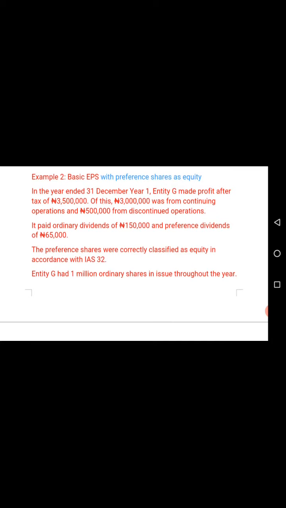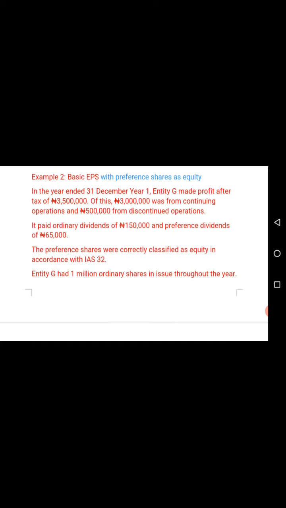After the profit after tax, you divide the profit between the preference shareholders and the ordinary shareholders. Since we are concerned with only ordinary shareholders, we have to deduct what preference shareholders get as dividends.